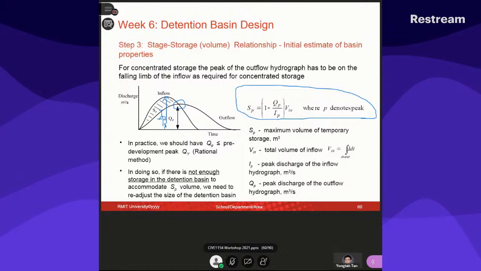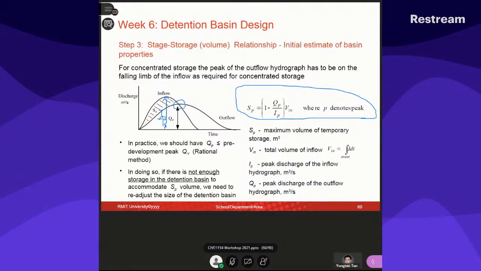So here's another one, V in. V in means the total volume of the inflow, the area under the inflow hydrograph. So this area is the total inflow volume.